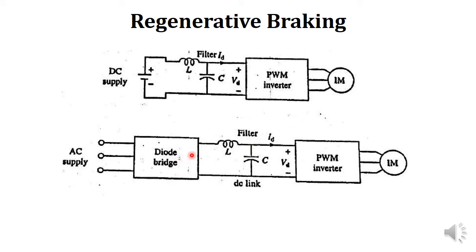So if we have an AC supply, there will be a diode bridge. The specialty of the diode bridge is that it will not allow flow of current in the negative direction. So during motoring, current flows in this direction, and during braking, current will not be allowed to flow in the negative direction due to the presence of the diode bridge.